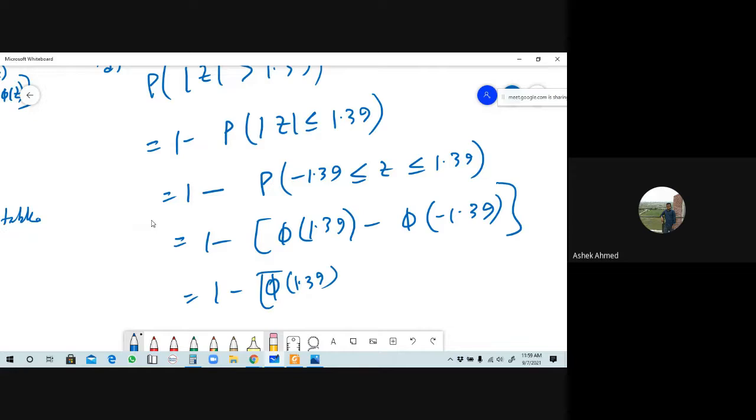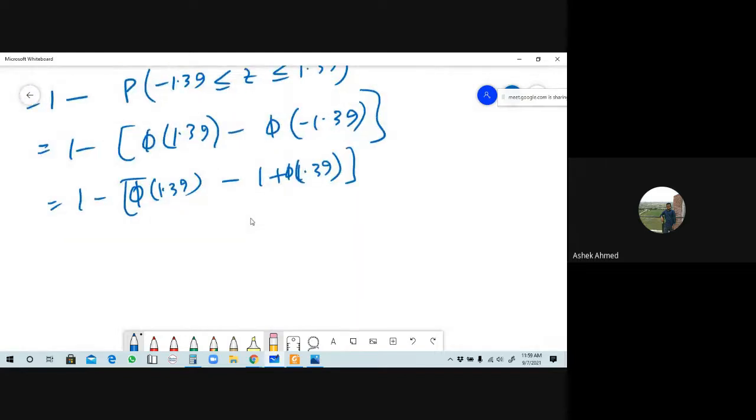Okay, and this will become 1 minus 1 plus phi of 1.39, because we know that phi of minus z is 1 minus phi of z.